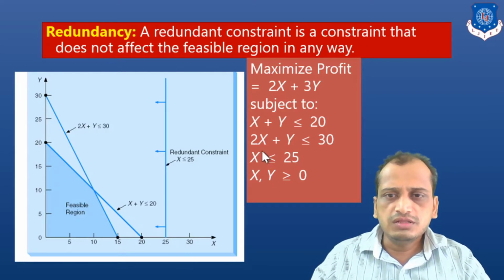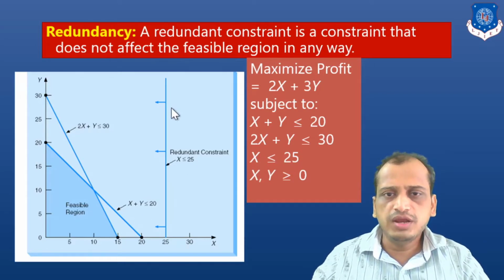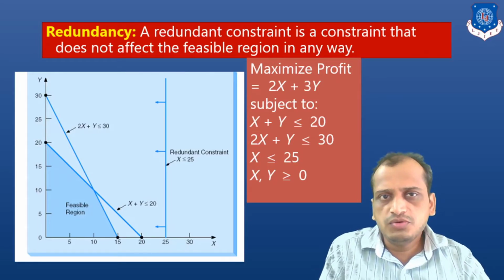If you see here, there are three constraints. So the first two constraints are plotted on this graph. Clear? The third one, x less than or equal to 25, is far away from this feasible region, if you see, right? So this third constraint, x less than or equal to 25, is a redundant constraint, or you can say it does not contribute to the feasible region, or it does not affect the feasible region.